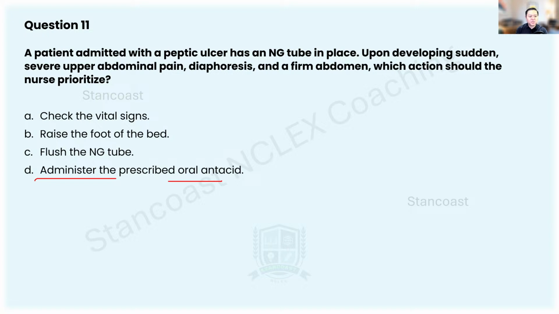Your patient has peptic ulcer disease, but now the patient has a sudden severe abdominal pain, diaphoresis, and a firm abdomen. This is actually a sign of a possible perforation of an ulcer.